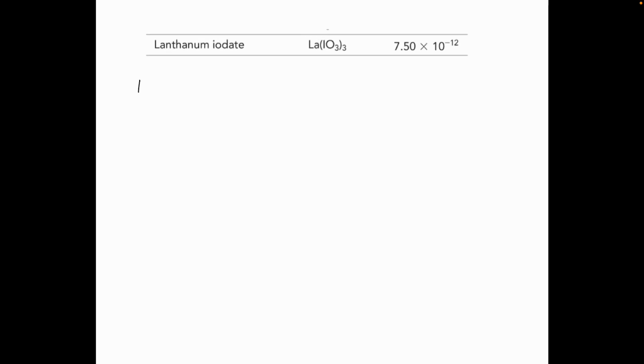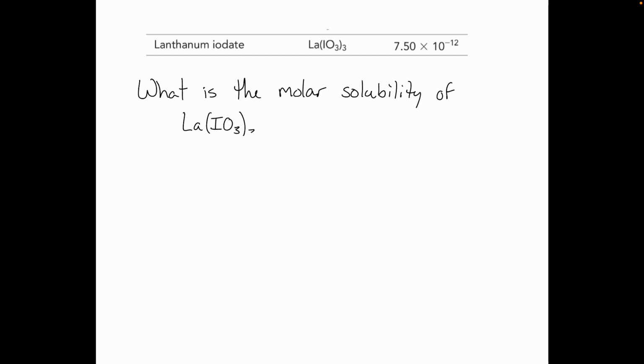And we want to find what is the molar solubility of this lanthanum iodate. All right, so first give me that solubility product. Balanced chemical equation.